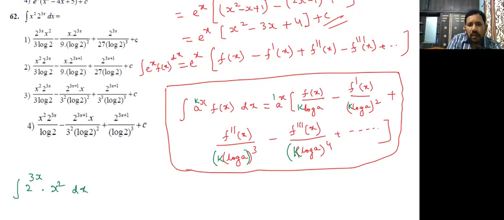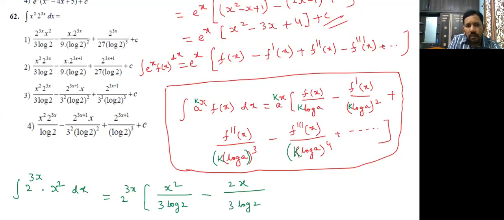Now how to do this? 2 power 3x into x square divided by, observing the formula I am writing, k means 3, log a means log 2, minus 2x divided by 3 log 2 whole square, plus 2 divided by 3 log 2 whole cube, plus c.